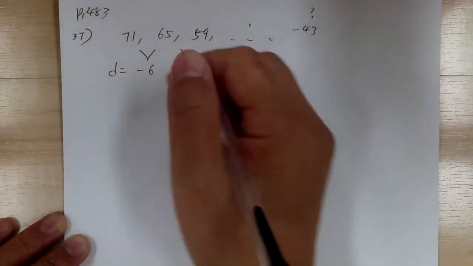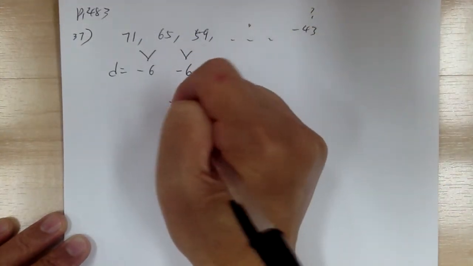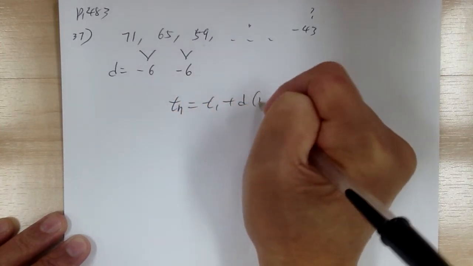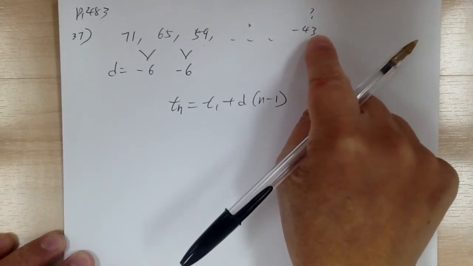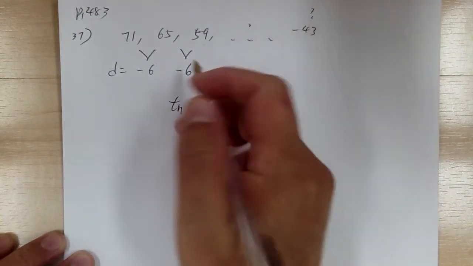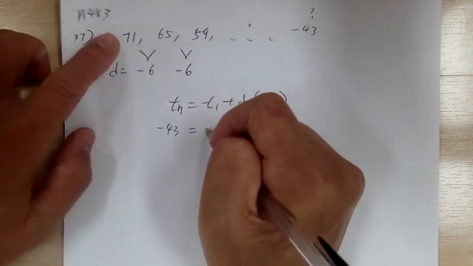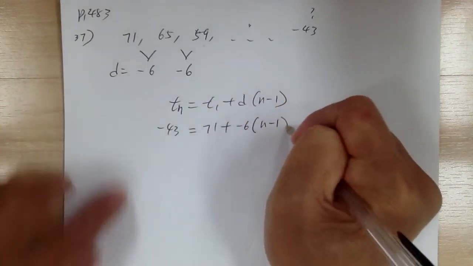Okay, so to write down the formula, again, to figure out anything that you miss, anything you want to figure out, you got to use a formula. So T of n equal to T1 plus d times n minus 1, right? So let's go and substitute. So that's your T, that's the n you're looking for, that's your Tn. So negative 43 is equal to T1, which is 71, plus d, which is negative 6, times n minus 1.